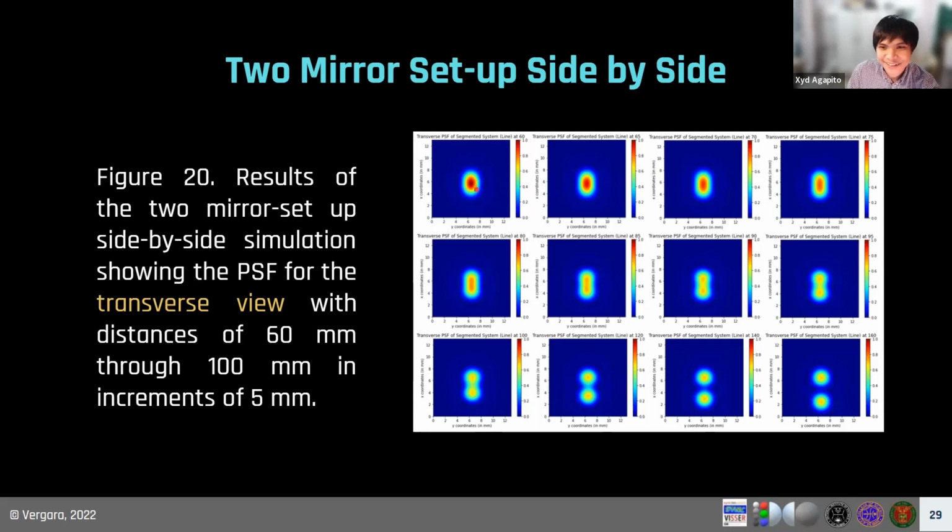When you have this point spread function at this distance, you're going to see two bright blobs that I am assuming appear to be Saturn, but you can't really be sure kasi it's not clear and the details are not seen well. Okay. So it looks like the optimal distance between the two mirrors is at 60.